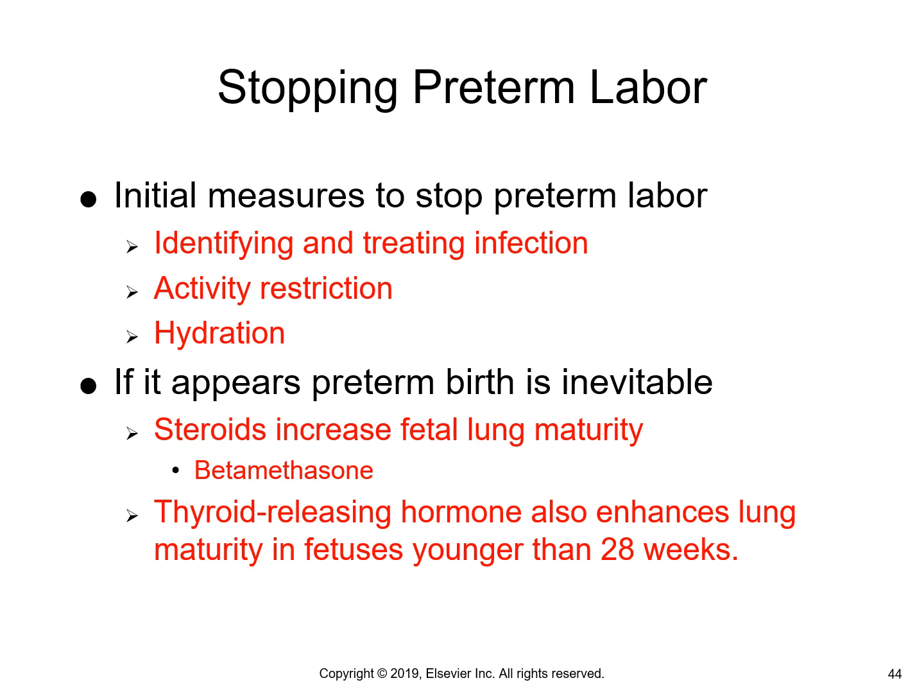Glucocorticoids will help fetal lung maturity, especially if the gestational age is between 24 and 34 weeks. Steroids are usually given together with tocolytics, and betamethasone may be administered in two intramuscular injections, 24 hours apart.